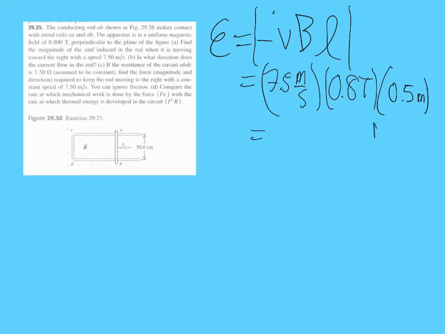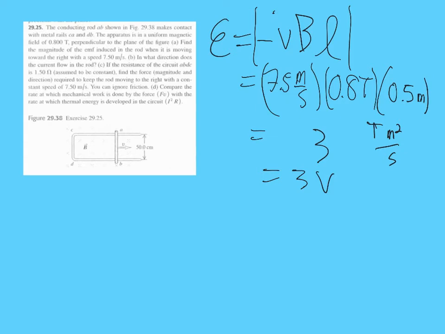So our units are Tesla meters squared per second, which we saw earlier was going to be a unit for volts. And our actual number is going to be 7.5 times 0.4, which should be 3, or 3 volts. Okay. So that is going to be our answer, 3 volts. Okay.